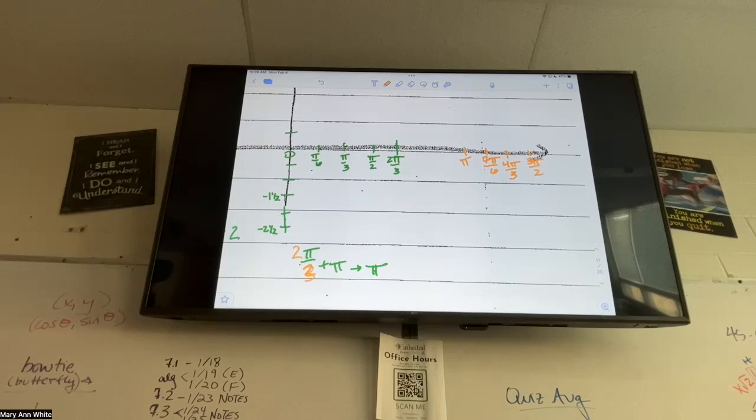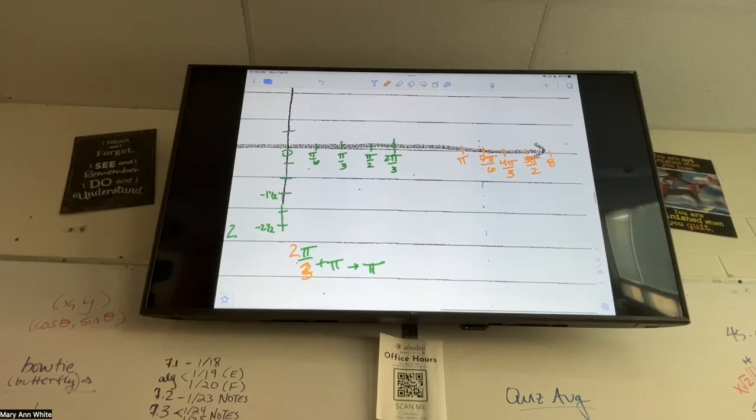And then last, we're going to do 2 pi over 3 plus pi, which is 8 pi over 3. Now, is that right? No, it's 5 pi over 3. Sorry, I'm tripping. There we go.